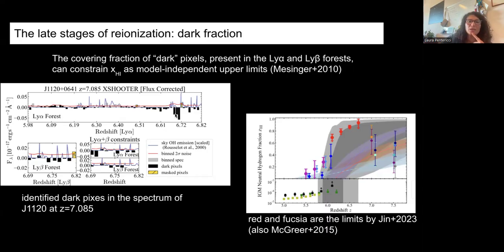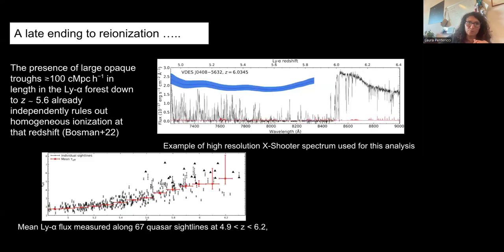So you basically study the dark gap. So how many pixels are completely absorbed at the given redshift. And so here to the right, you see the limits obtained. These are the latest limits obtained by June 2023. And so you see the fuchsia and the red points are those limits that you can determine with this dark fraction.